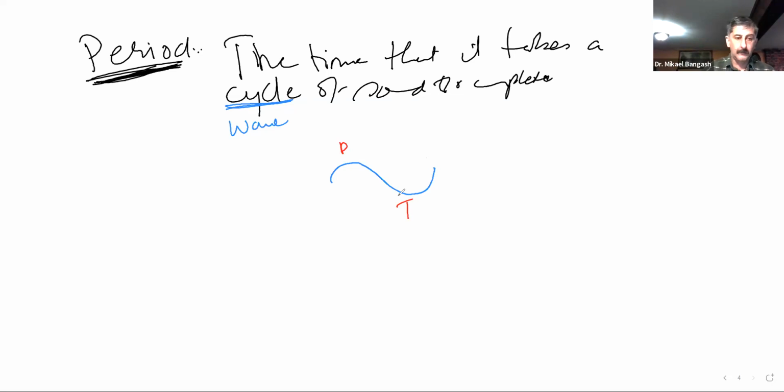But pretty much, if we measure the time that it takes from the start of the wave to the end of the wave, and take that measurement in terms of time, that is going to be referred to as a period.